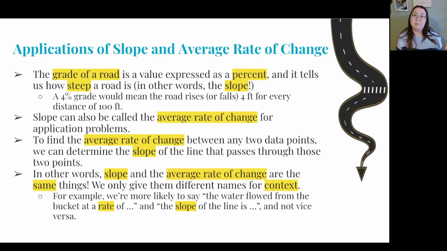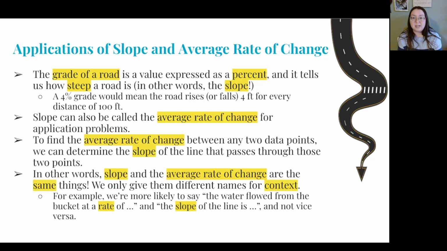When we talk mathematically, we talk about slope, but when we talk about real world problems, we'll probably say things like the rate or average rate of change. For example, we're more likely to say the water flowed from the bucket at a rate of blank, or the slope of the line is blank, and not vice versa.